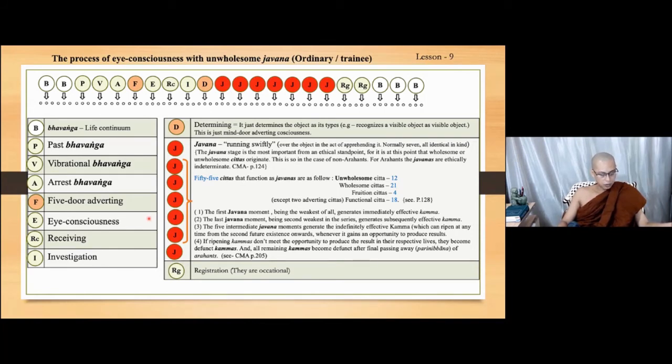Only universal factors can arise with the eye consciousness. So altogether, at the five-door adverting moment, 11 mentalities arise; in this moment, 8 mentalities arise. Now you know that different moments have different groups of mentality.